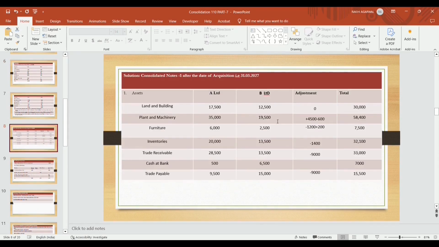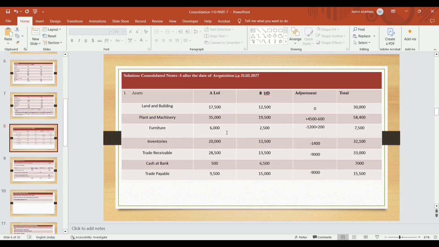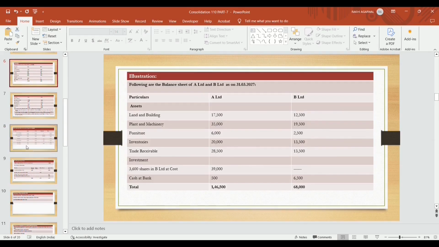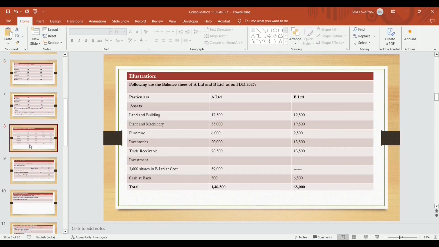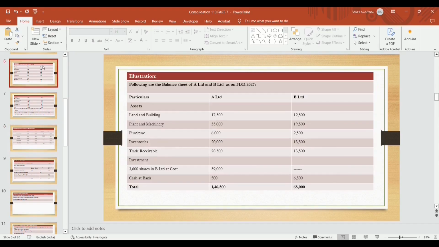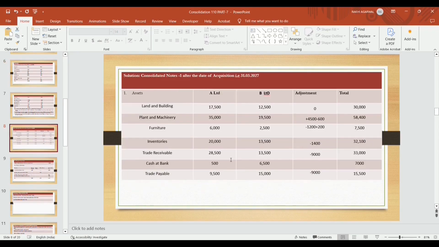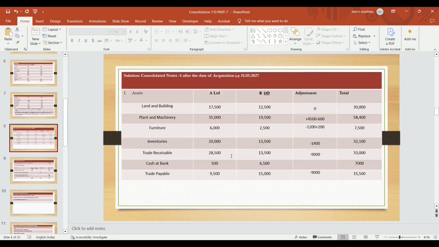Furniture of A Limited is 6,000 and B Limited is 2,500, so it becomes 2,500. Inventories of A Limited is 20,000 and of B Limited is 13,500. Trade receivables of A Limited is 28,500 and of B Limited 13,500.